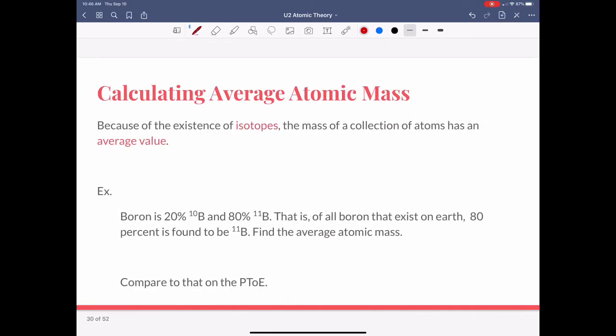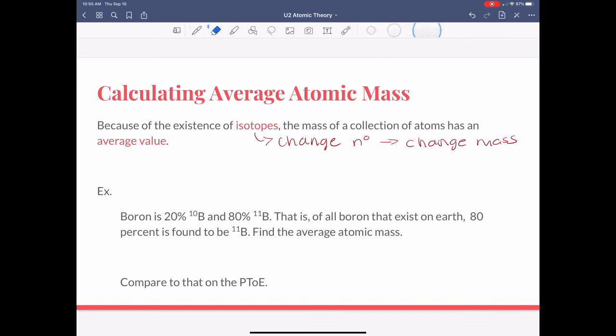So, because of the existence of isotopes, right? Isotopes change the number of neutrons and therefore change mass. We then have a collection of atoms that has an average value, because based on how many neutrons each version of that atom has, the mass can differ. So we're going to calculate that average atomic mass now.